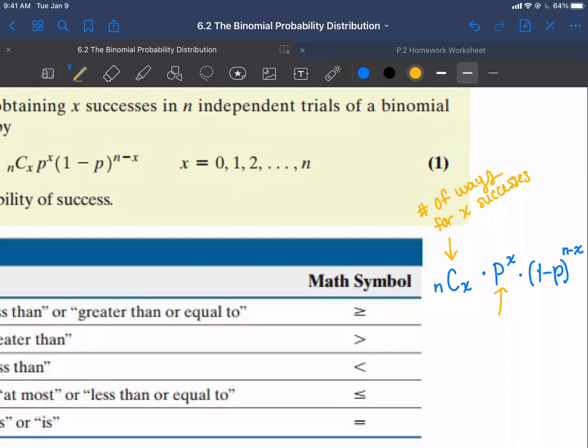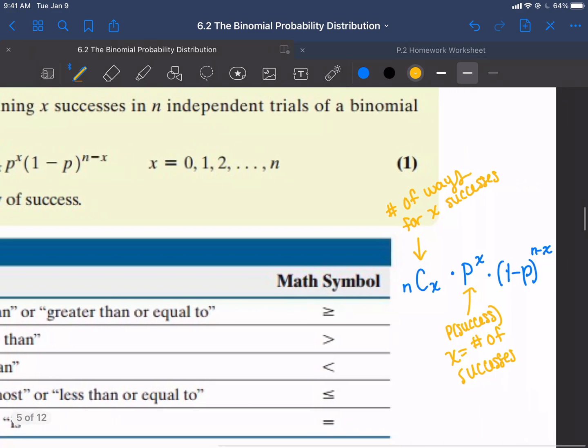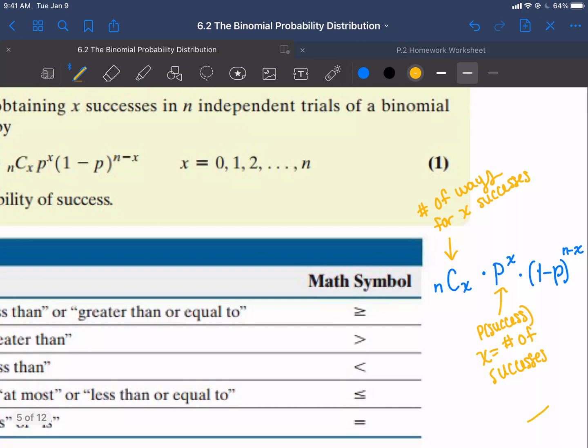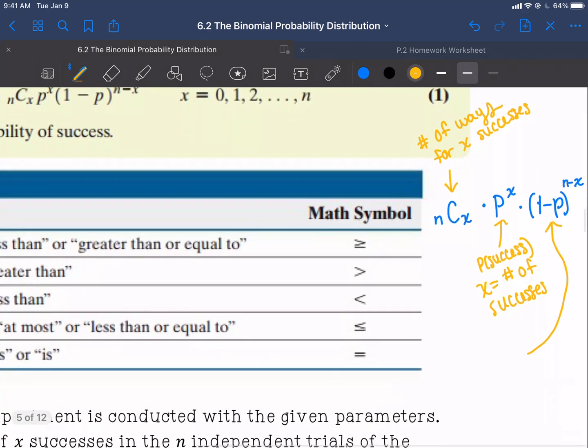p is representing the probability of success, and x is the number of successes. And then 1 minus p is the probability of failure.